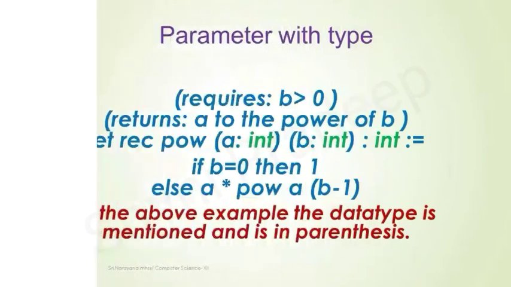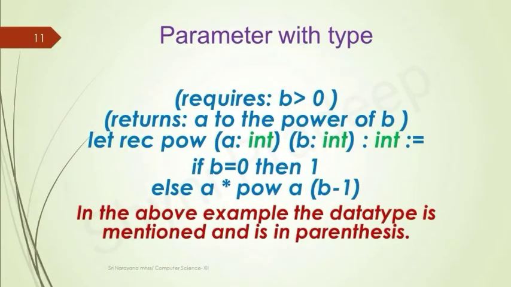Now let us see parameter with data type, which means having a data type. Let us see an example. In this example, the data type is given, that is the int data type. In this code, recurse means precondition and returns means postcondition. You have to evaluate the precondition before the execution of the function.